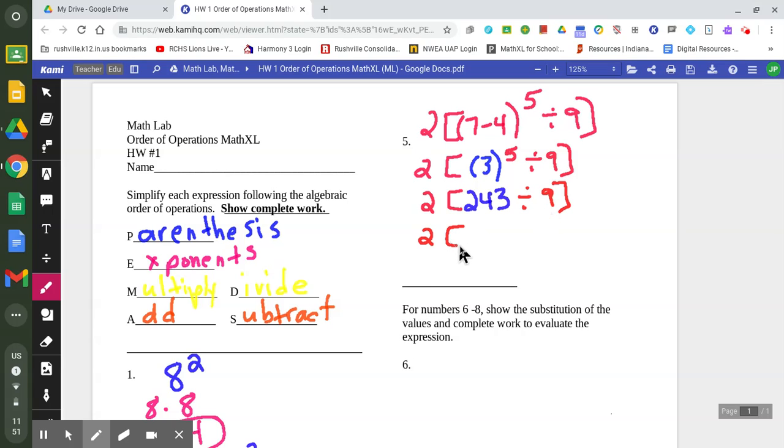I still have my brackets. So 243 divided by 9 is 27. My last step then is to take that 2 times 27. And so my final answer will be 54. But I need to see all of this work. I don't want to see just that problem and then that answer. I need to see the work on paper, please.